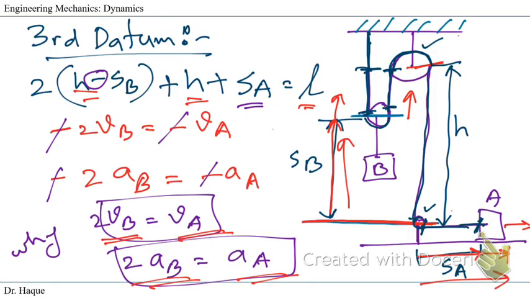And for this one, we have a positive sign. So these things need to be considered when we apply this concept in a problem. It's not always that all the velocities have the same sign or opposite sign. It depends on where you assume your datum, and we have to be careful about that.